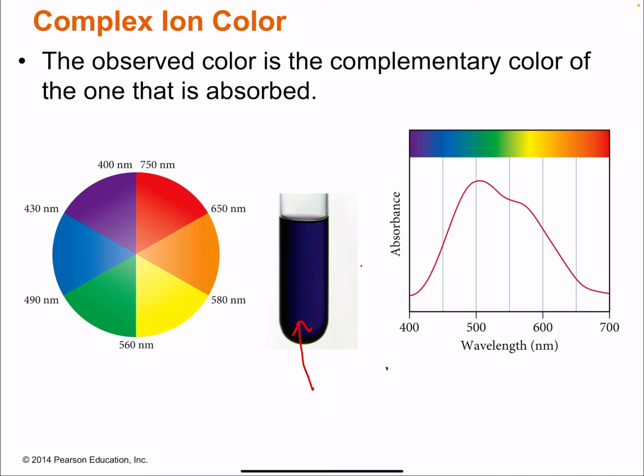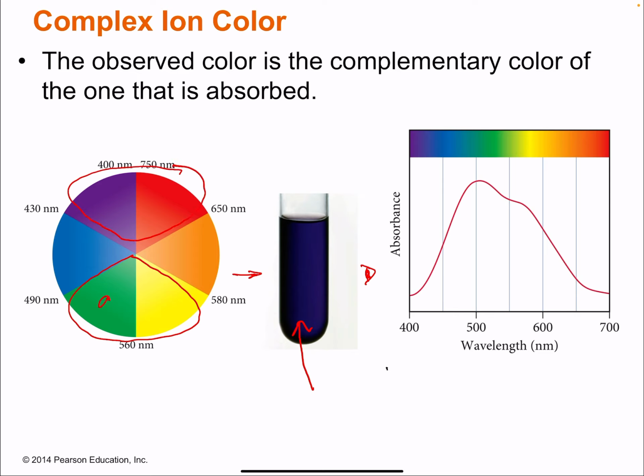If visible light is going through the solution, on the other side you see it as a reddish violet color because the yellow and the green is being absorbed. Notice that yellow and green is the complementary color to red and violet.